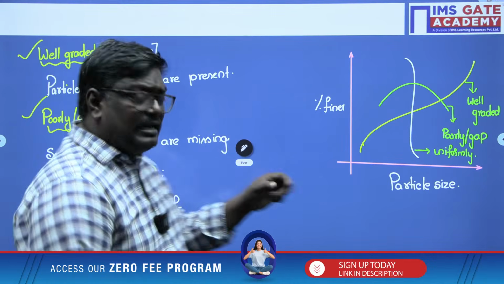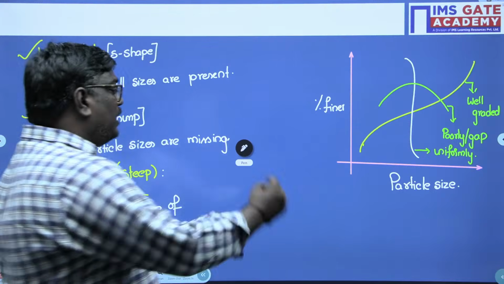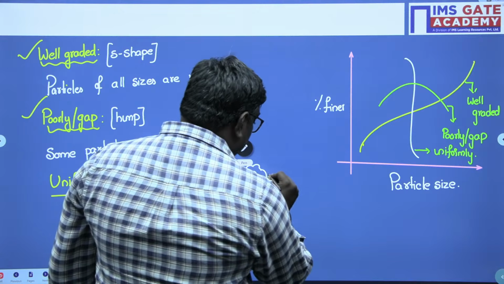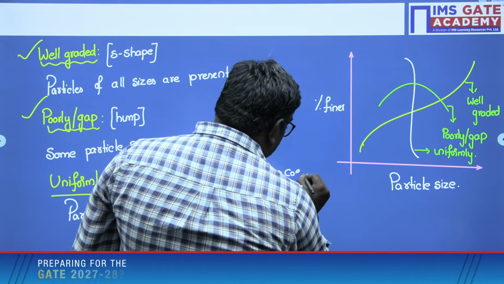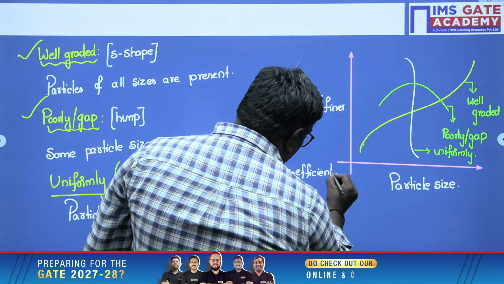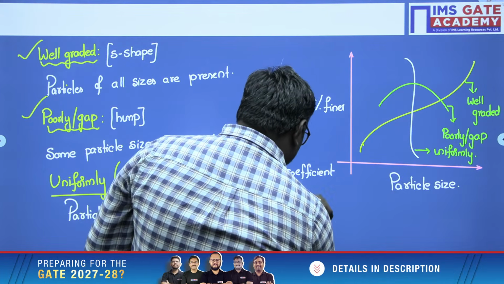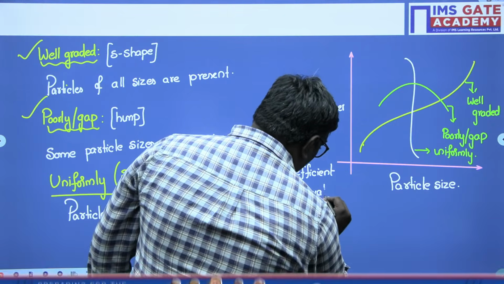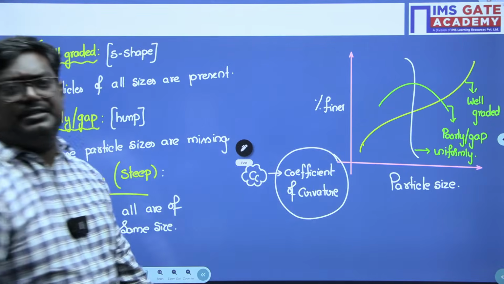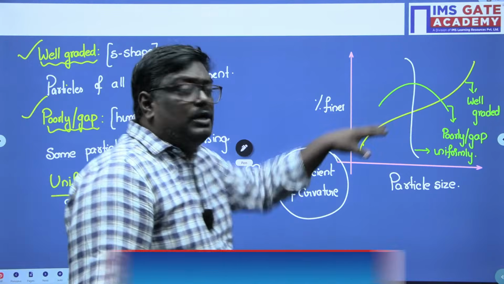Here let us understand how to find the concept called coefficient of curvature. What is CC, sir? CC is nothing but the coefficient of curvature. Why do we want to study it? To get an idea of the shape of the curve.